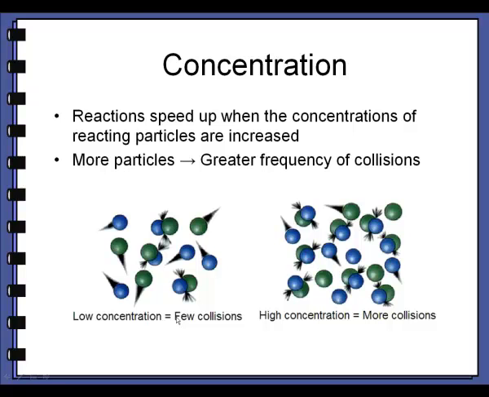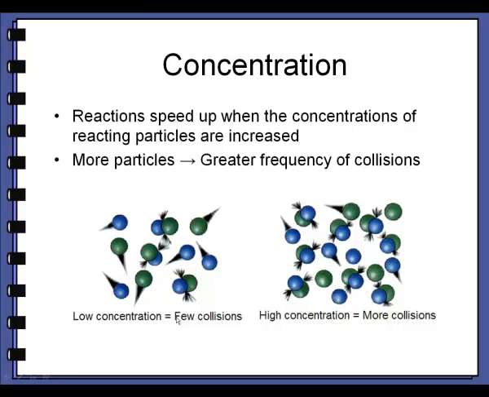Concentration is also a factor. Concentration just basically means the amount of reactants that we have. In general, when we increase the concentration of reactants, that also increases the rate of the reaction. The rationale behind this is related to our collision theory, which we talked about in the last section. More particles in solution means that we have a greater frequency of collisions.